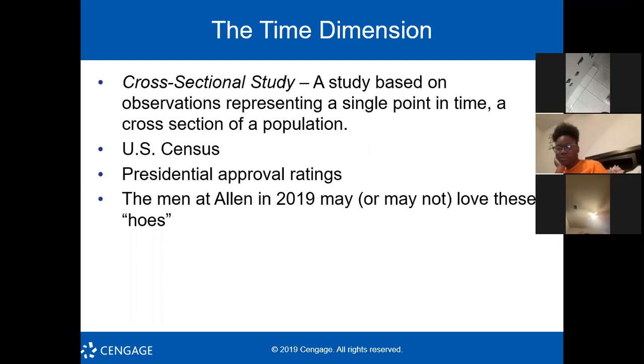Now, when we talk about research design, and keep this in mind for your own research, there are many different ways that we can set this up. So, a cross-sectional study. And as always, when you see something written in italics, make sure that you study it closely, preparing for any pop quiz that may be coming up on Thursday, or the Thursday after that, or the Tuesday after that.